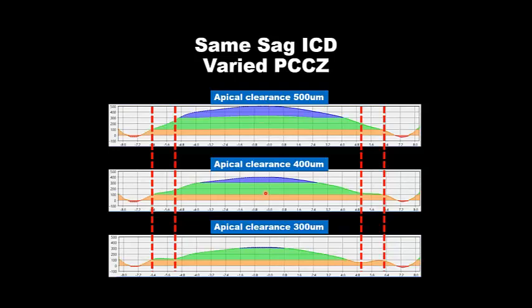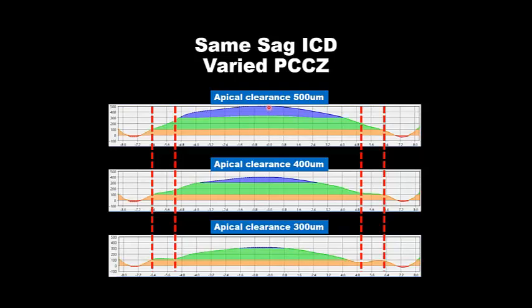So when you have a peripheral corneal clearance zone minus, you're taking away apical clearance from the center, like you see here. When you order a peripheral corneal clearance zone plus anything, +3 in this case, you'll push the apex forward, creating more apical clearance.